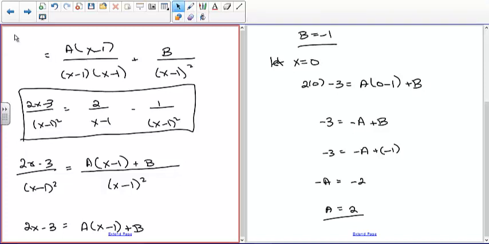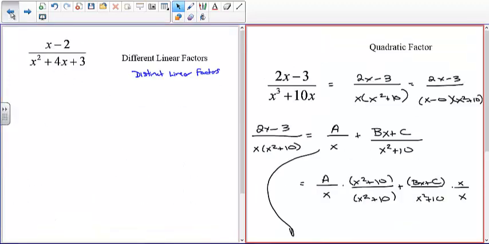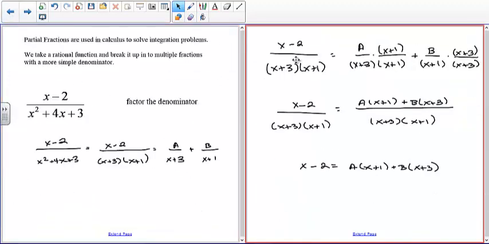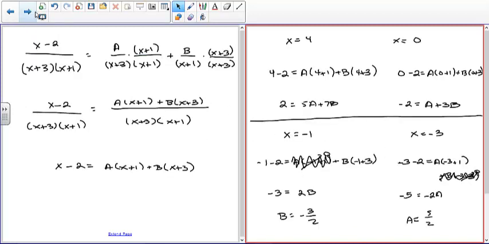So for both, when you have distinct linear factors, so let's go back here. When you have distinct linear factors, you break it up into a over one factor plus b over another factor. And you solve it by choosing x so that each one of these terms goes to 0.